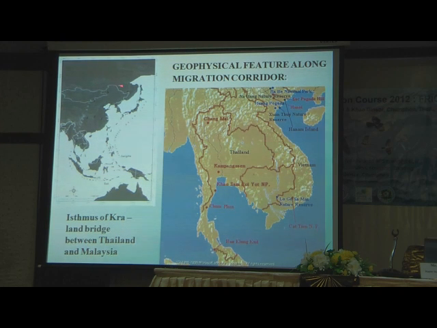You can see when the migration along the coastal Pacific route, they will start to funnel down to Indochina and go down this neck here, so that they avoid flying across the sea to reach Indonesia.